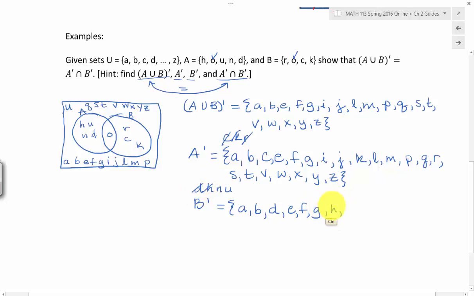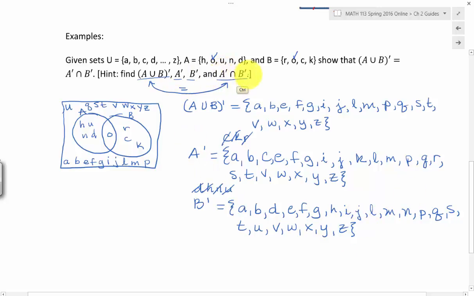And then the next stop will be the N, so G, H, and then I have I, J, L, M, and now it's time for that N. Looking back at that top row, I need P, Q, S, and then T, and then U, that comes from here, V, W, X, Y, and Z. Now I have B complement.